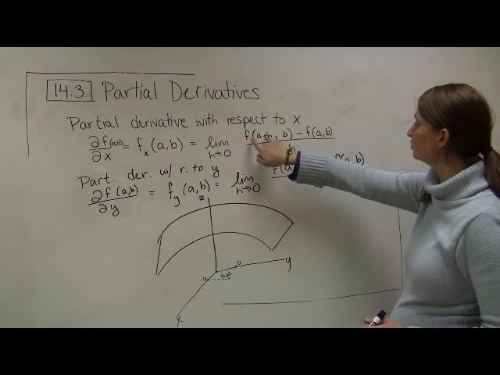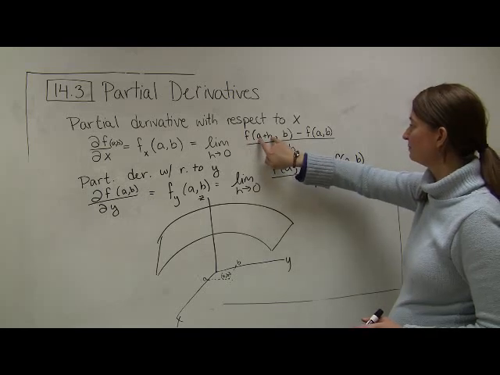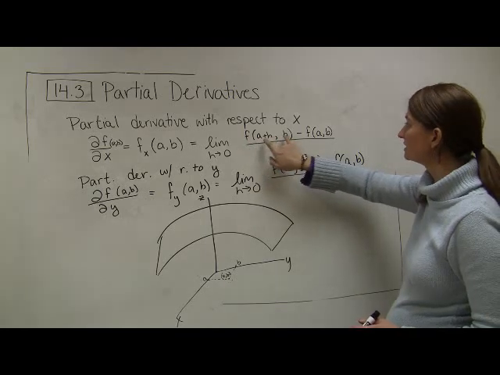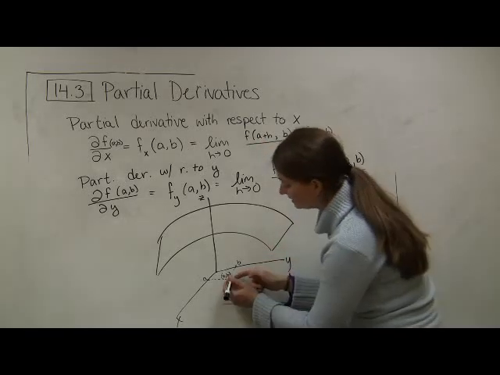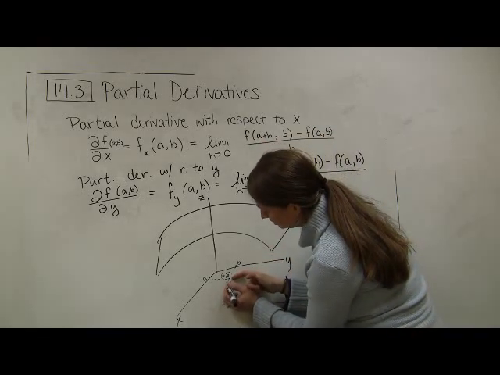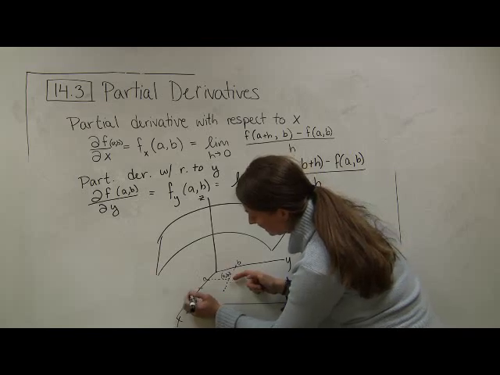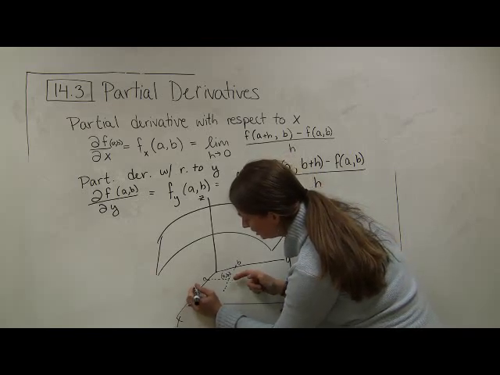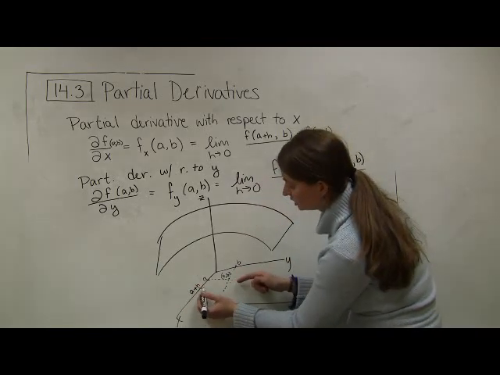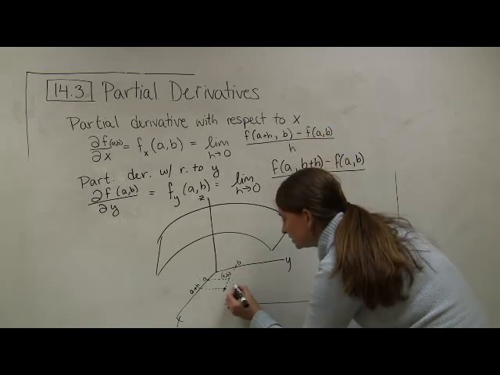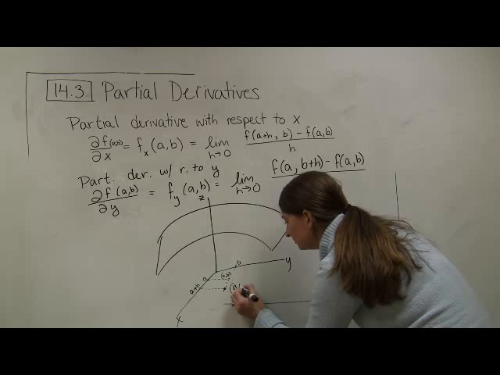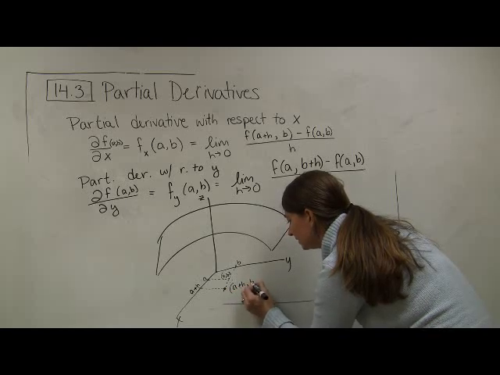So if I want to look at what is f of a plus h comma b, well, that's the point a plus h comma b, which is going to be down here in the xy plane. If I'm taking a and adding h to it, I get a new x-coordinate, a plus h, and the y-coordinate is still b. So this is my new point, a plus h comma b.